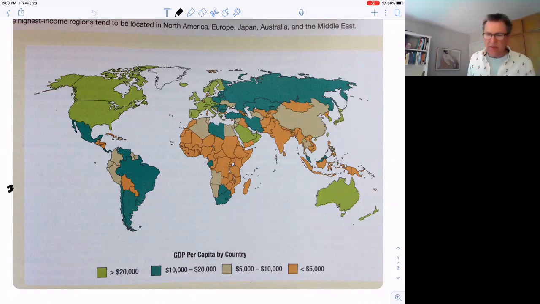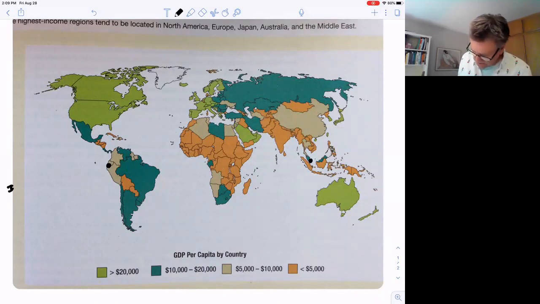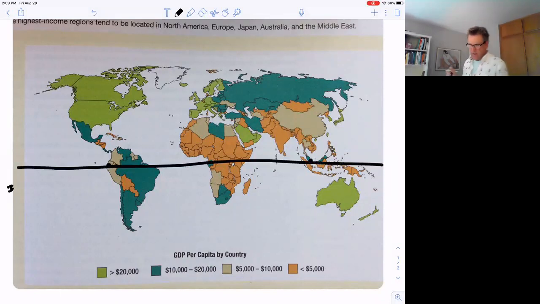And if we draw a line through the equator, so the equator should go through Ecuador, right? So right about there. Should go through right here, right about Singapore, pretty close to the equator. So I'll connect these two, and there's the equator.